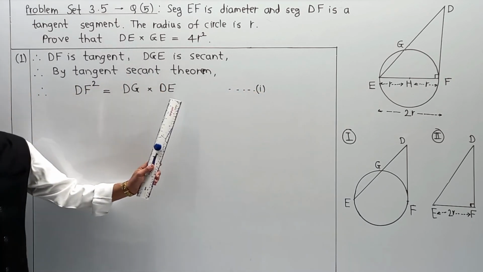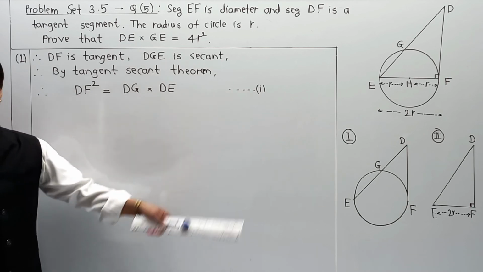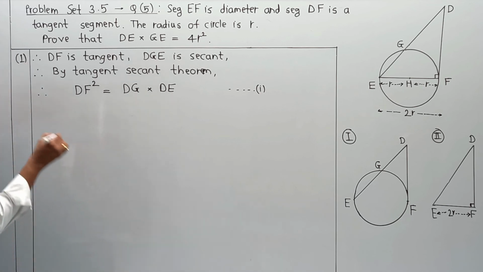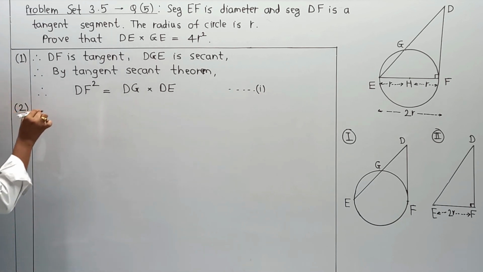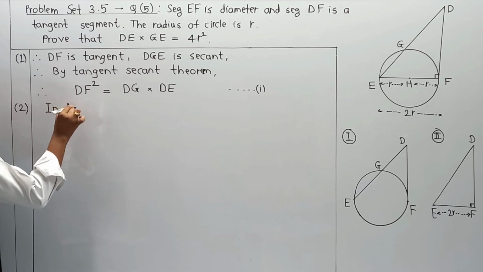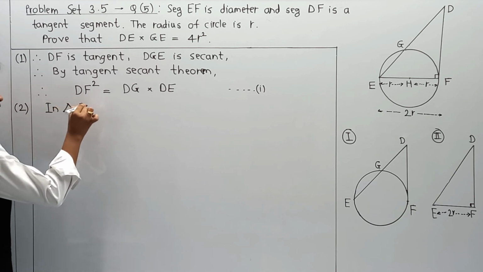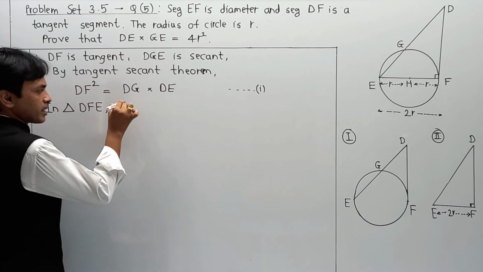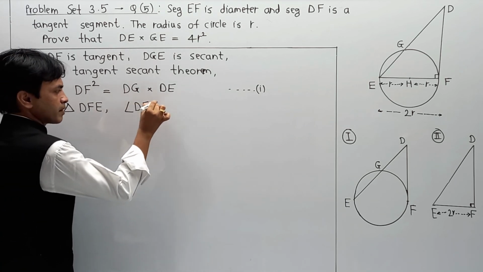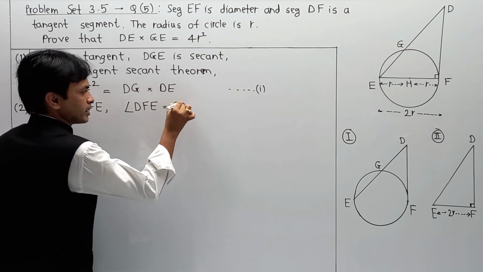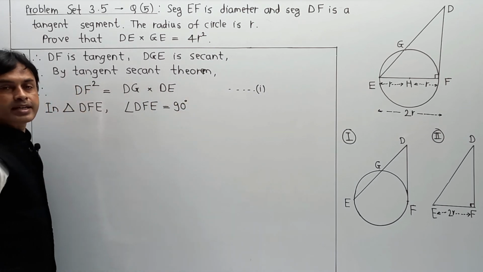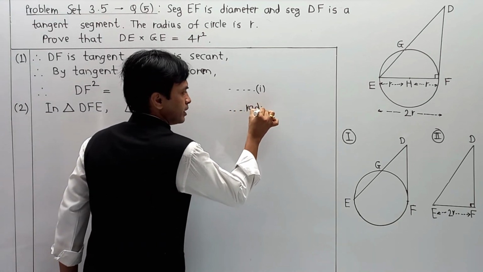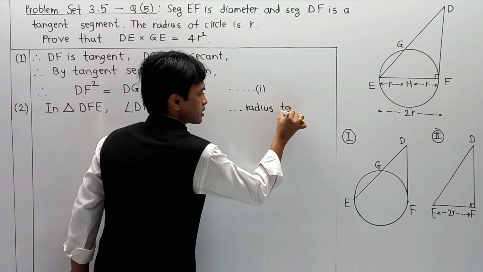Now, after giving this part as equation number 1, we are coming to the second part, that is nothing but triangle DFE. So, in triangle DFE, here angle DFE is equal to 90 degrees and the reason is the radius tangent property.